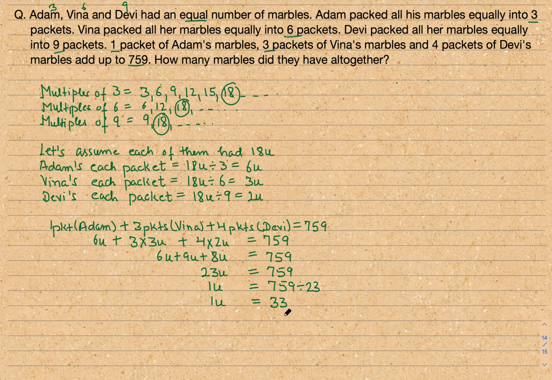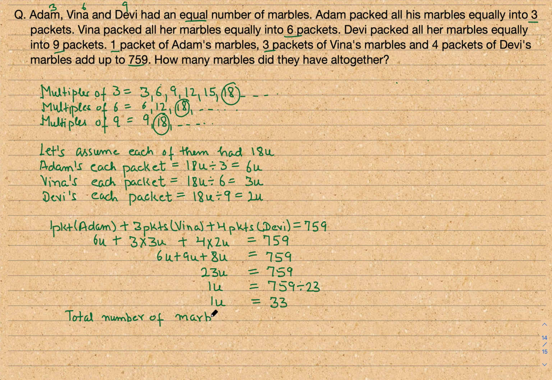Now we know the value of 1 unit, so we can easily find how many marbles they were having altogether. Note that each of them has 18 units, right? So let's calculate the total number of marbles.